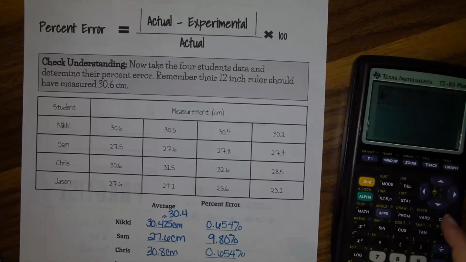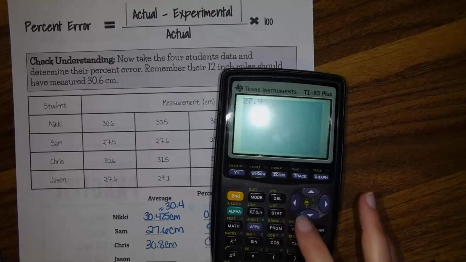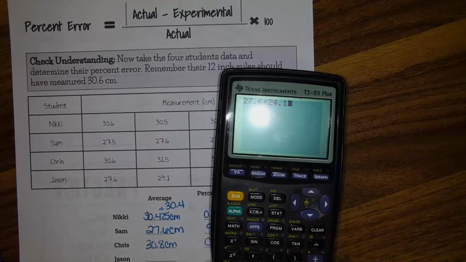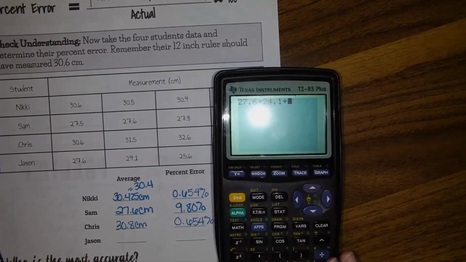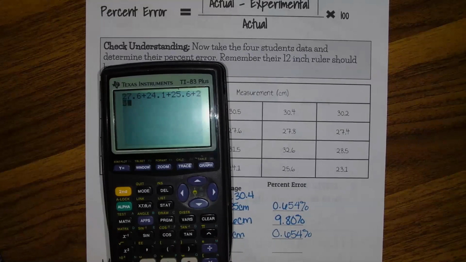And the last one, we have 27.6 plus 24.1 plus 25.6 plus 23.1. And then we're going to divide that by 4.